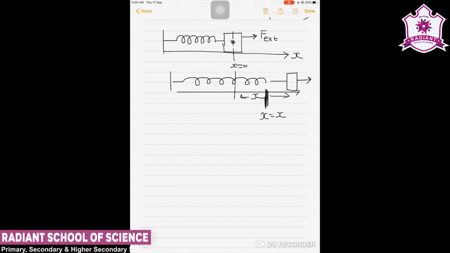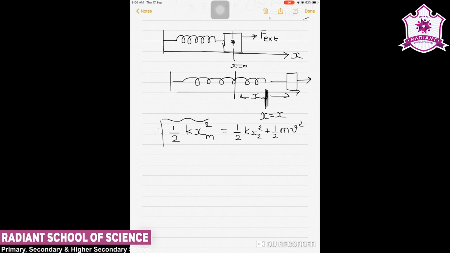So the initial potential energy will be converted into some kinetic energy as well as some potential energy. So we can compare: 1/2 k xm² is equal to 1/2 kx² plus 1/2 mv².